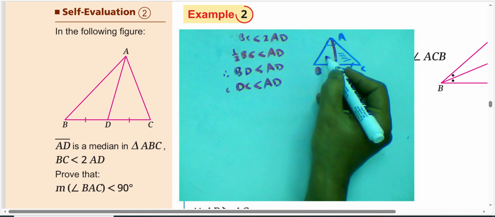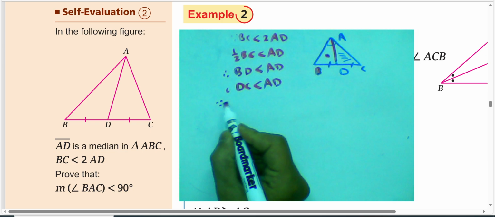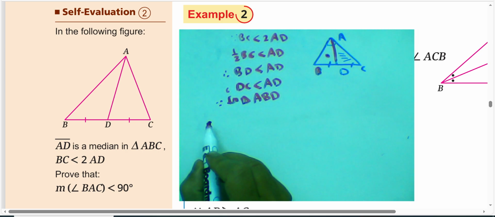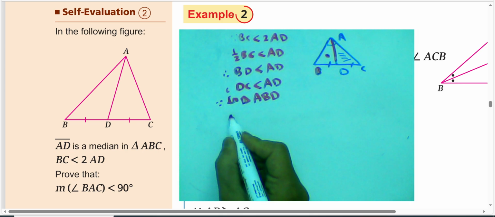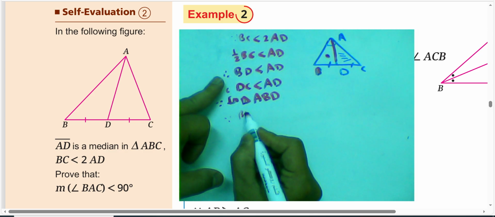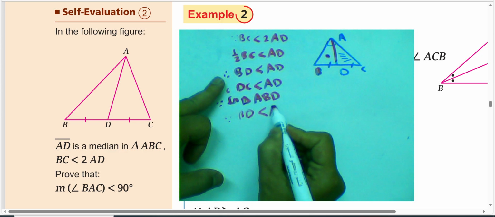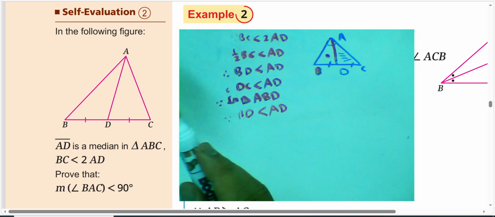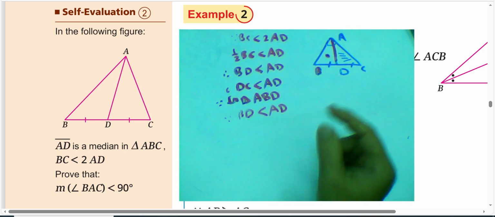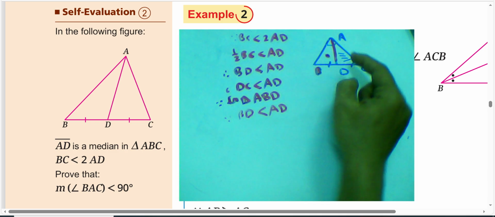We start to solve at this triangle first, in triangle ABD. Look here, BD is less than AD. Now I write the relation between two sides in the triangle.